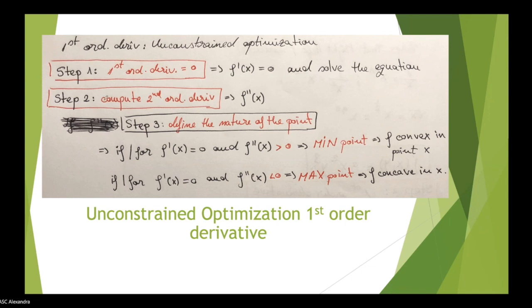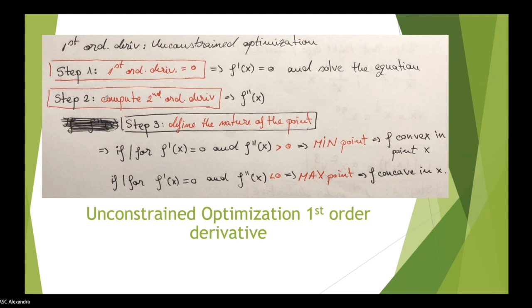Then you compute the second order derivative, and depending on the sign of your second order derivative, you can say whether your critical point is a minimum point or a maximum point. The reason why you compute the second order derivative is because it's part of the rule for you to be able to phrase the demonstration that a point is a minimum or a maximum.